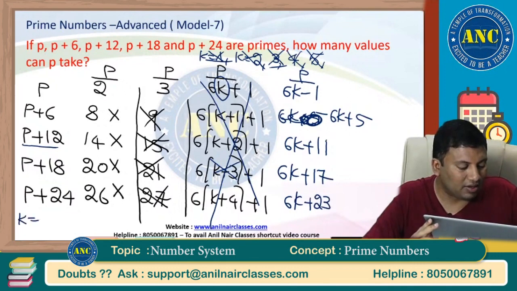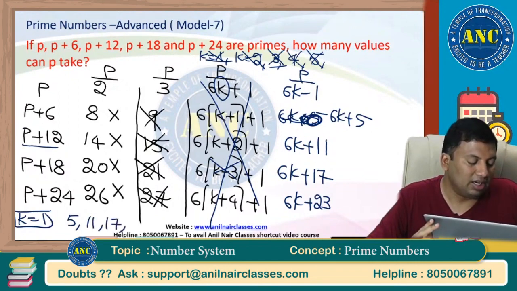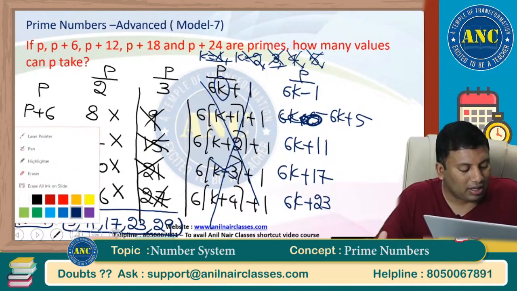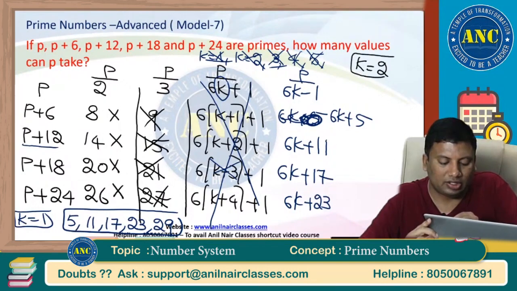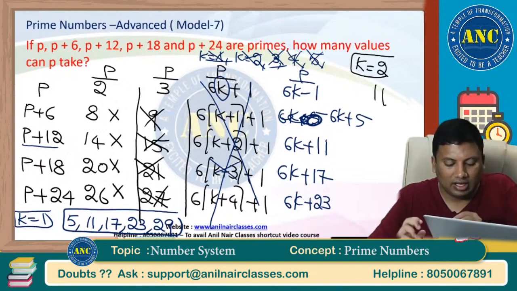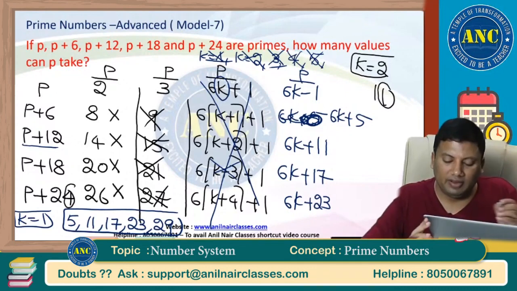If I put k equal to 1, 6 into 1 minus 1 is 5. 5 plus 6 is 11. 5 plus 12 is 17. 5 plus 18 is 23. 5 plus 24 is 29. 5, 11, 17, 23, 29, all are satisfying. But if I keep k equal to 2, what will happen? 6 into 2 is 12. 12 minus 1 is 11. The unit digit is 1 and the unit digit is 4, so the answer will be divisible by 5.